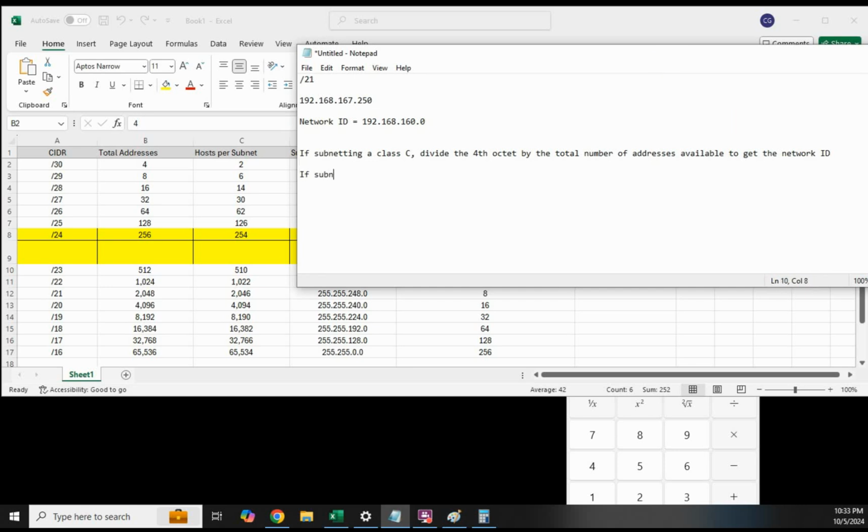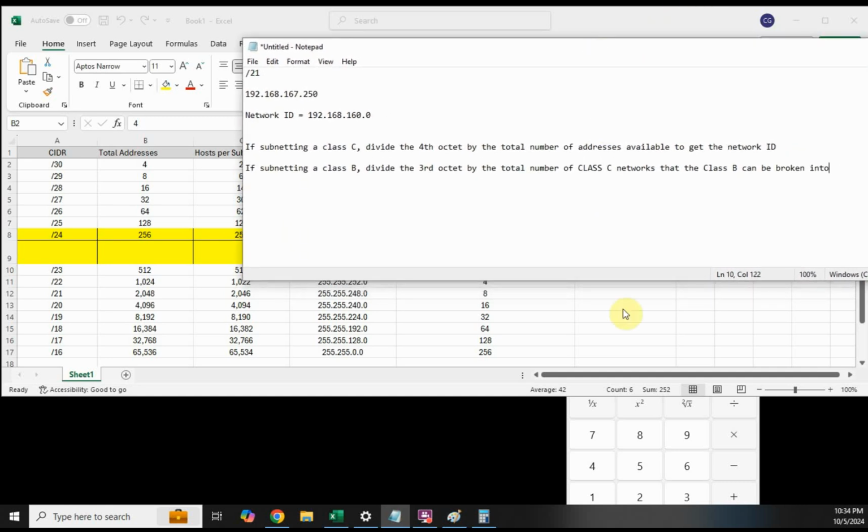If subnetting a Class B, divide the third octet by the total number of Class C networks it's broken into.